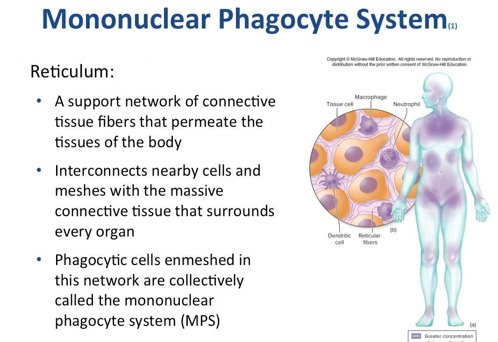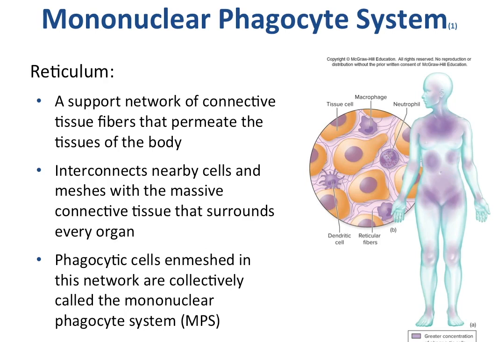So the mononuclear phagocyte system. First, let's talk about the reticulum. Reticulum is a network of connected tissues that penetrate the tissues of the body. Okay.